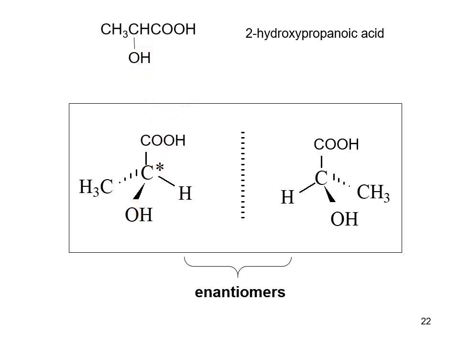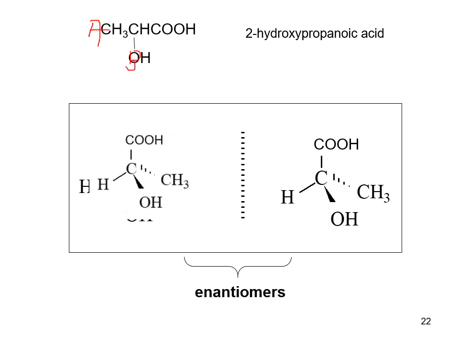The message that I want to deliver here is, if you put A over here, followed by B, then C, then D, while you draw the enantiomer you must follow the A, B, C, D sequence. Here is A, here is B, here is C, here is D. You cannot have A, B, C, D and then suddenly draw A over here, C here, and B there.